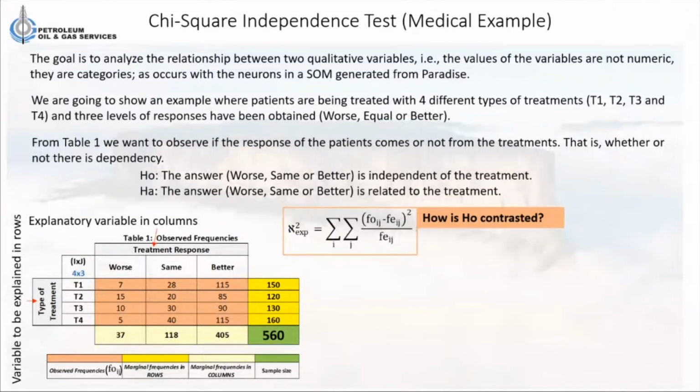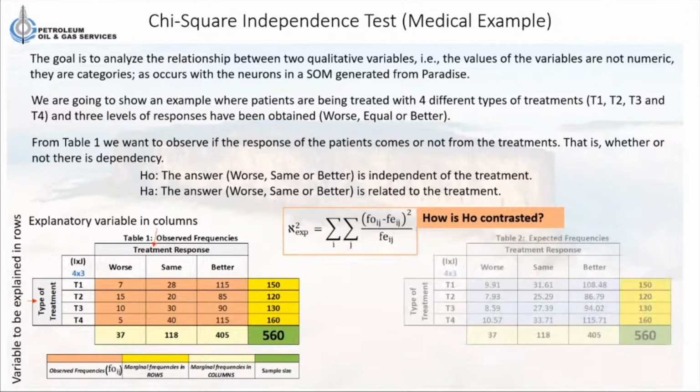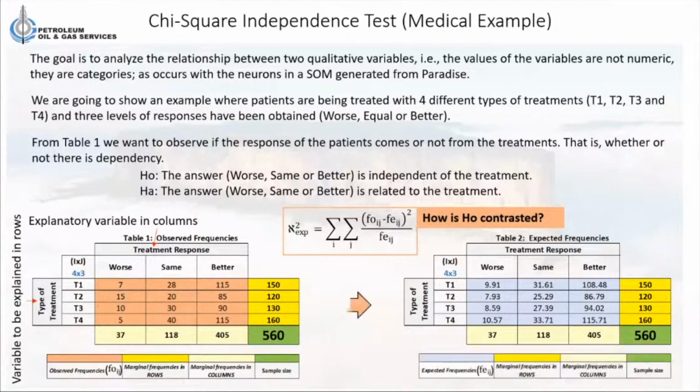The frequencies that would be expected to be obtained if the 2 variables were independent are calculated and compared with the observed frequencies. So you have to build an expected frequencies table, and this table is easy to construct.